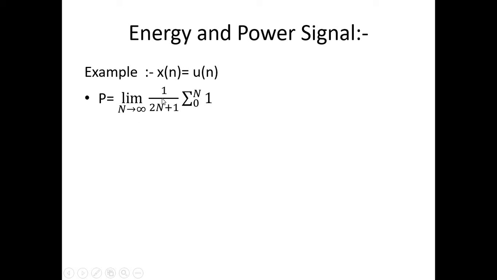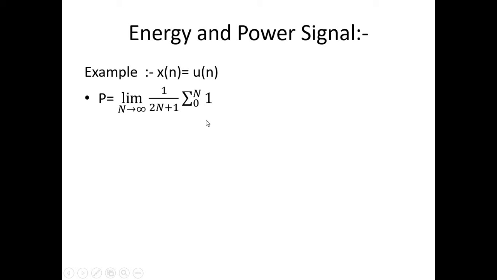The limit as n tends to infinity of 1 divided by 2n plus 1, times the summation from 0 to n, and here u[n] means 1, when n is greater than or equal to 0. That's why we have changed the limit: in the power equation the limit is from minus n to n, but from minus n to minus 1 this term is 0, so we are not taking that, and hence the limit is from 0 to n, with u[n] equal to 1.